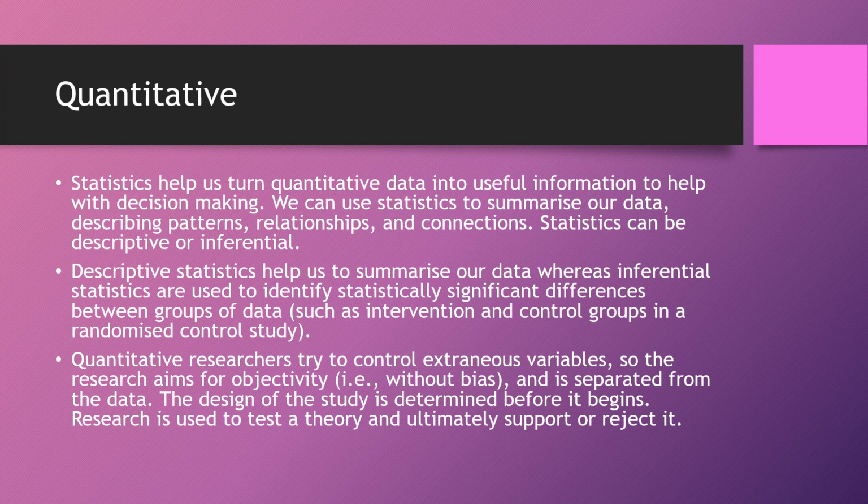Obviously, in quantitative research, we try and control all the extraneous variables, and we aim for that sort of sense of objectivity. And so it's designed really to make sure that we can accept or reject our hypothesis, and that we can be really, really specific with that IV and DV and all of those controls.